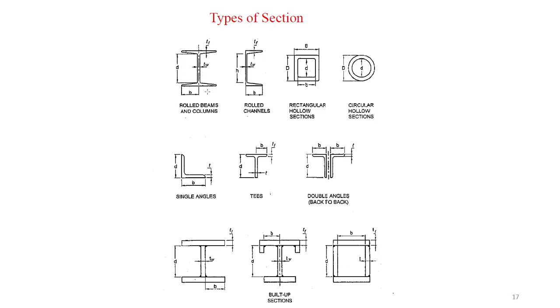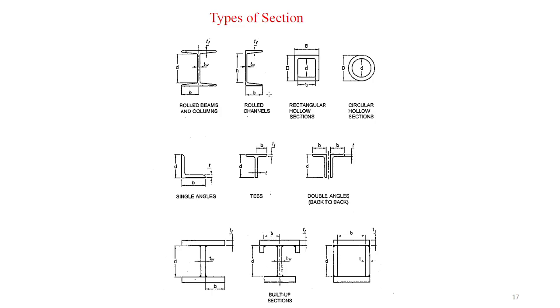Sometimes columns are also subjected to horizontal forces like wind forces. In those conditions we also design them as a beam. We can see here the notations of the beams: D, B, thickness of the flange, width of the flange, small b. We can see different parameters here, which are correlated with the classes of the section.